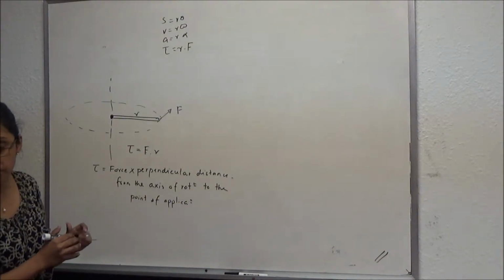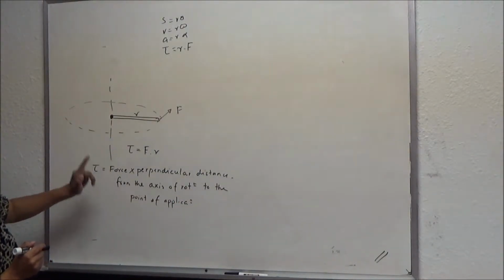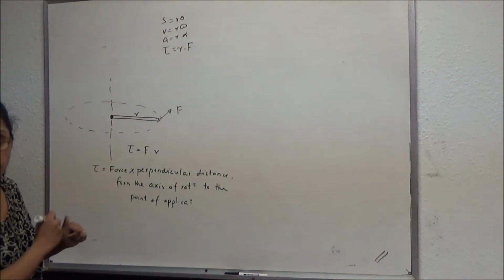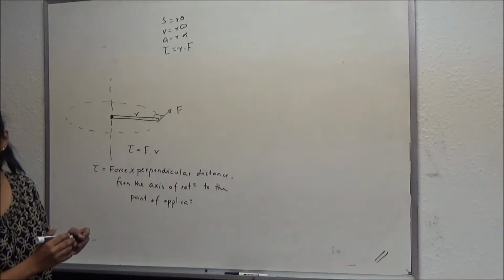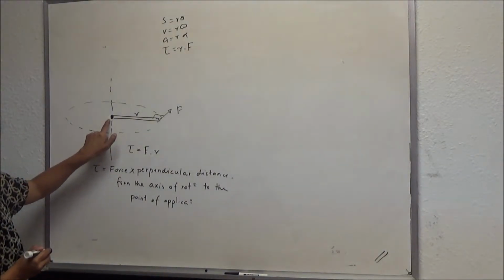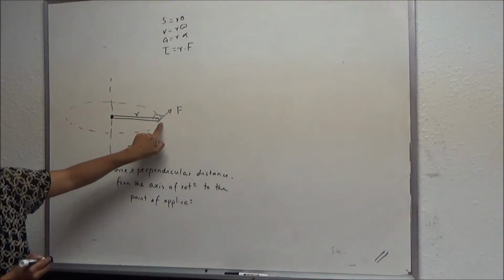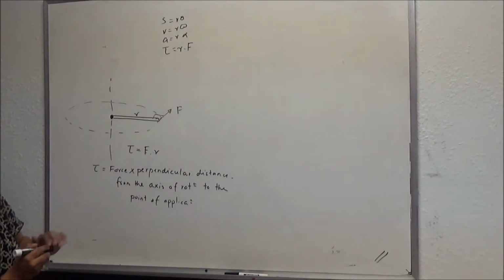Did you get it? Tau equals force into the perpendicular distance from the axis of rotation to the point of application of the force. Alright? So this is the common word.